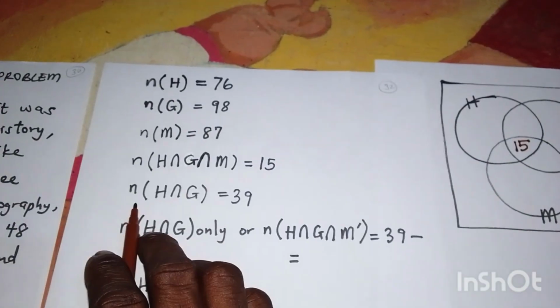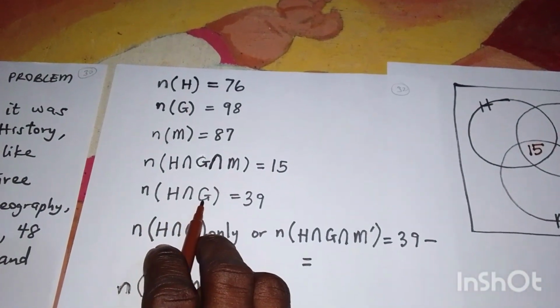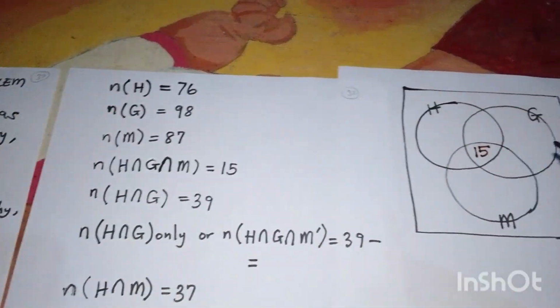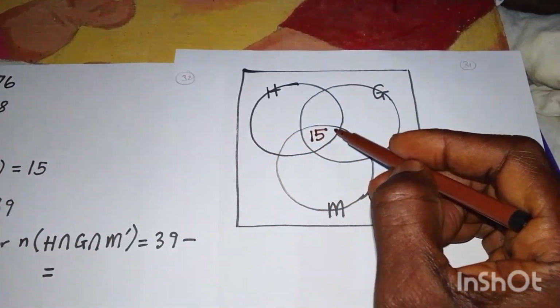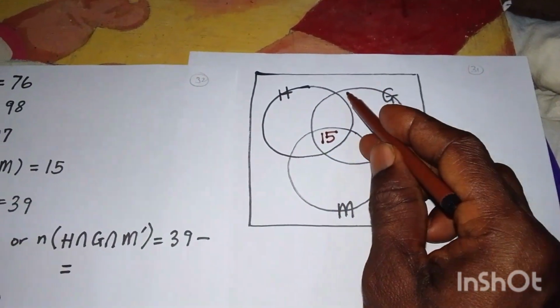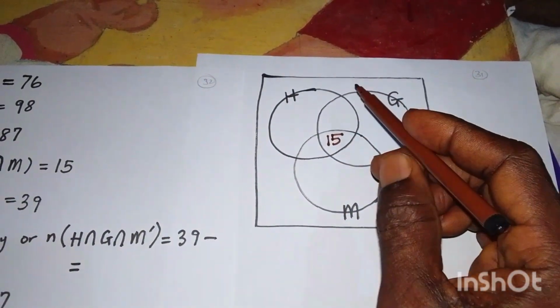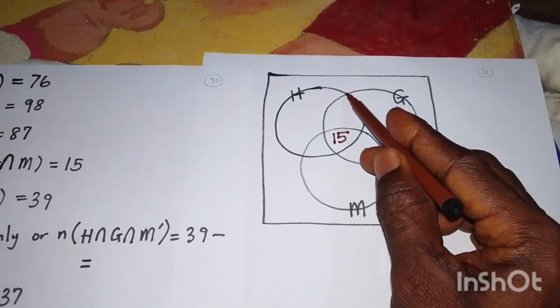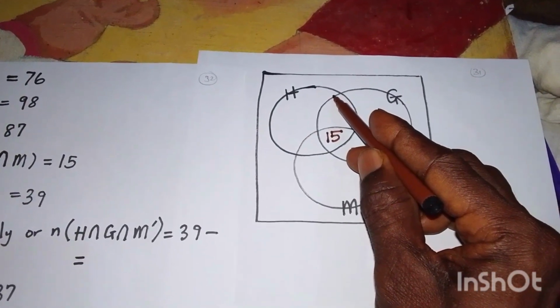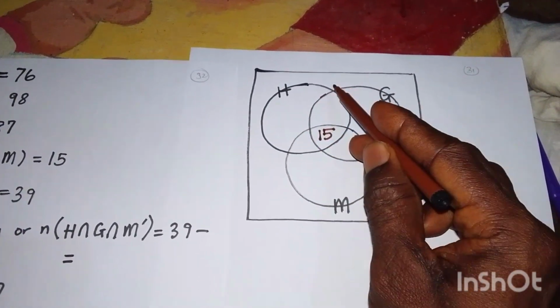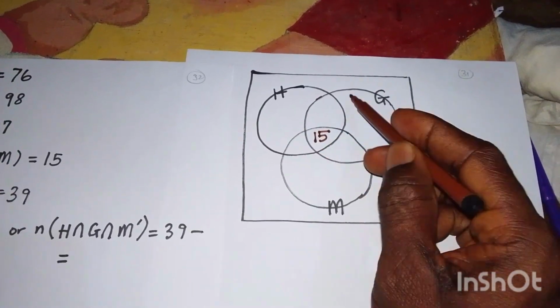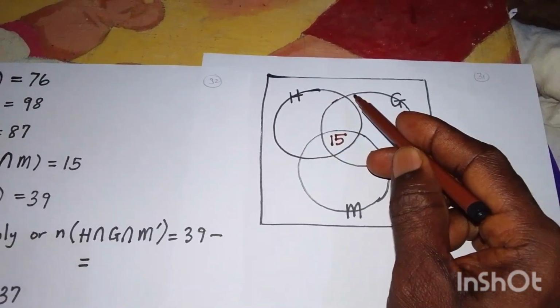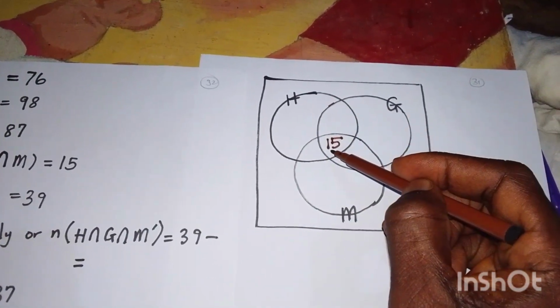Now, those that like history and geography. This circle is for history, and this circle is for geography. Those that like history and geography, they have 39. So those in these two circles that intersect are history and geography.